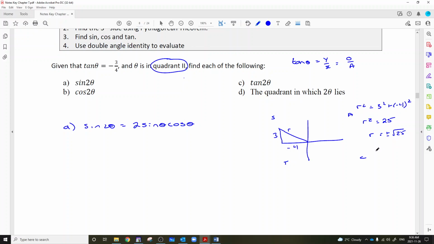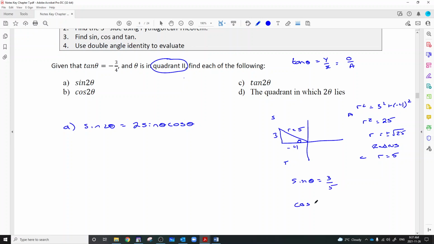Now, it's not even because we're in quadrant 2, it's because it's the radius, and the radius is always positive. So we know that our radius will be positive 5. What does that mean? It means that sine theta is opposite over hypotenuse, or y over r, which is 3 over 5.